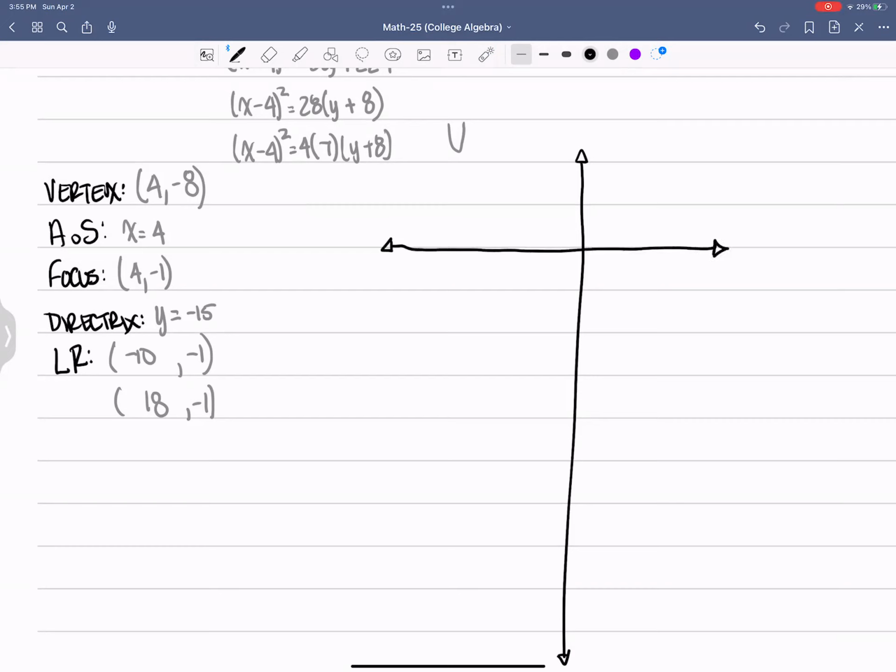All right, so vertex at 4, negative 8. So 4, we have 1, 2, 3, 4, negative 8: 1, 2, 3, 4, 5, 6, 7, 8.